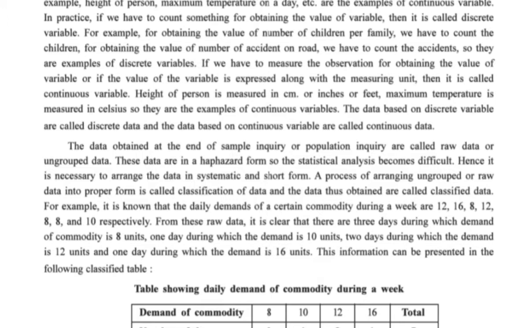Now suppose we want to know how many families have no child, how many families have one child, how many families have two children, how many families have three children, and how many families have four children.